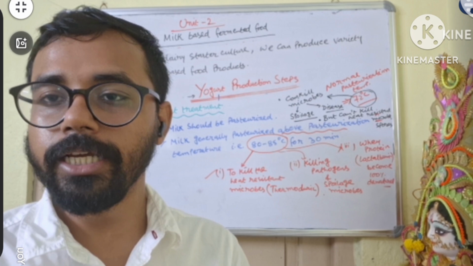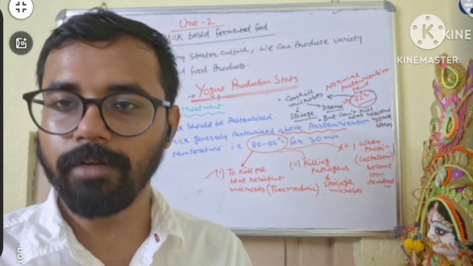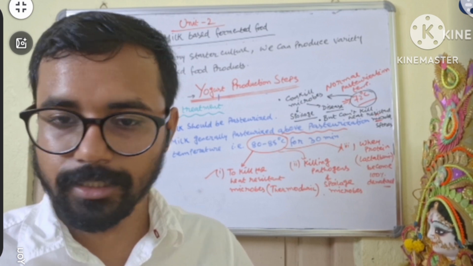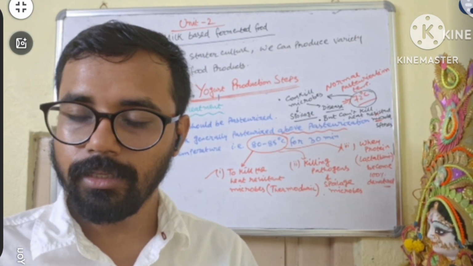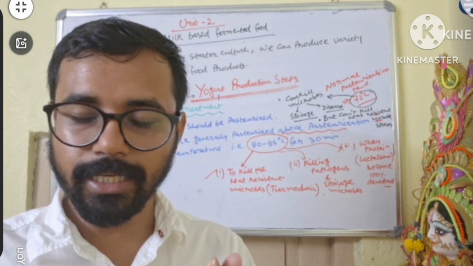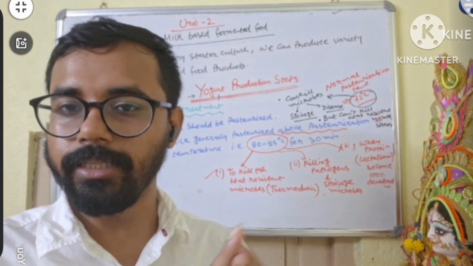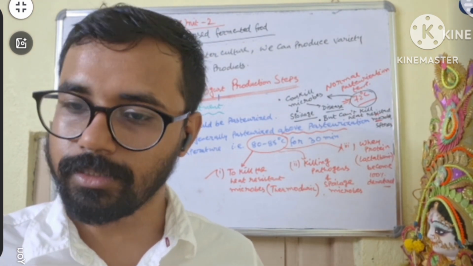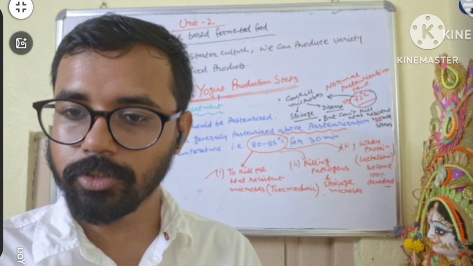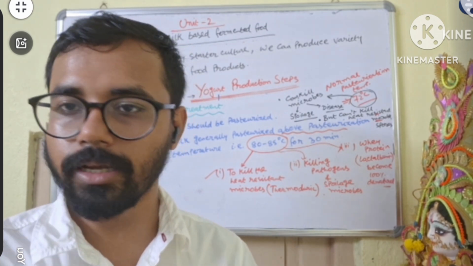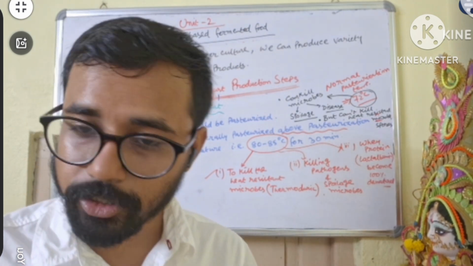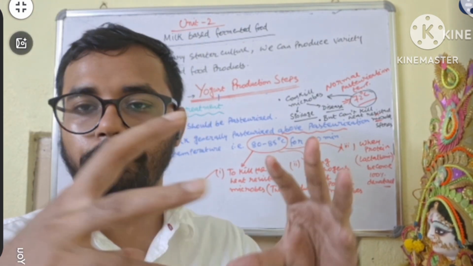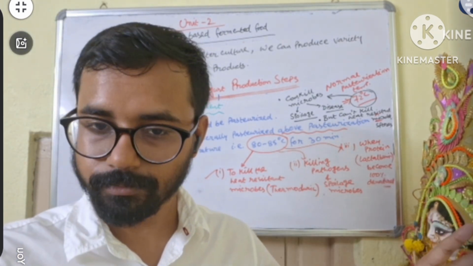This lactalbumin becomes denatured. What does the term denatured mean? Denatured means just opening the structure. It's not degraded into pieces. That's called degradation. The two words are clearly different: degradation and denaturation. Degradation means degrading into small pieces, cutting into small pieces. But denaturation means the compact structure now becomes open.